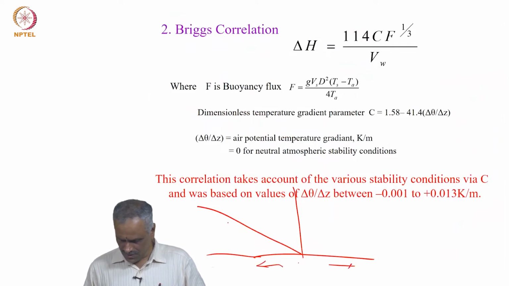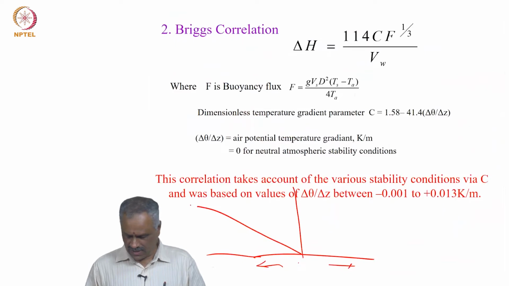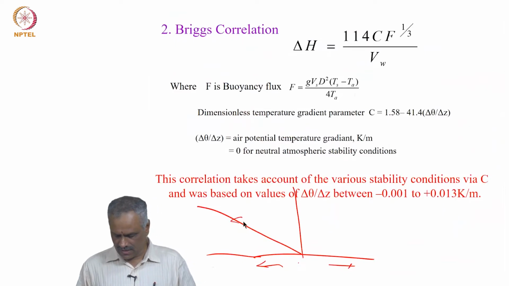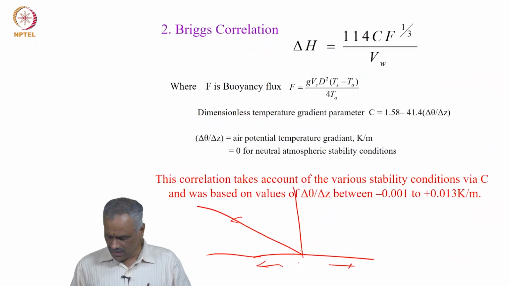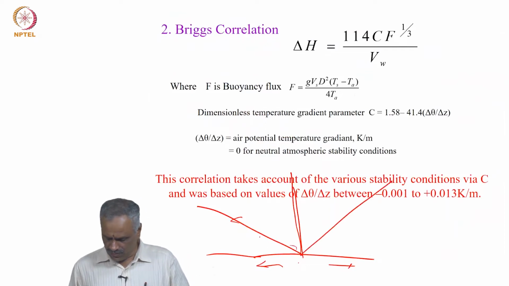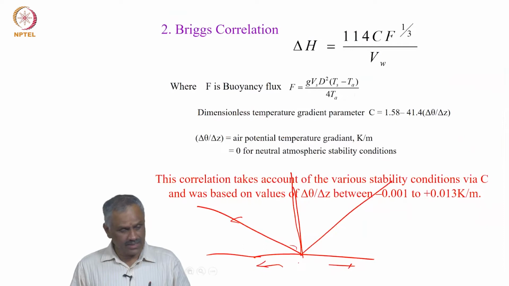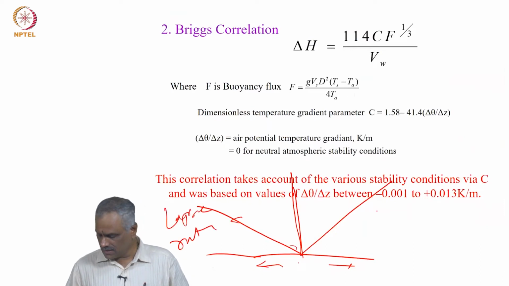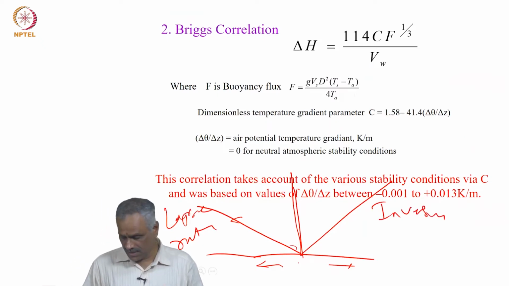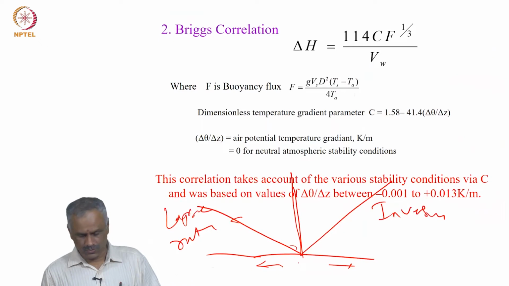If the temperature decreases with the increase in height, then it is called lapse rate. There can also be no change in temperature with height, or a temperature increase with height. If temperature decreases with height, that is called lapse rate, and if the temperature increases with altitude, it is called inversion.